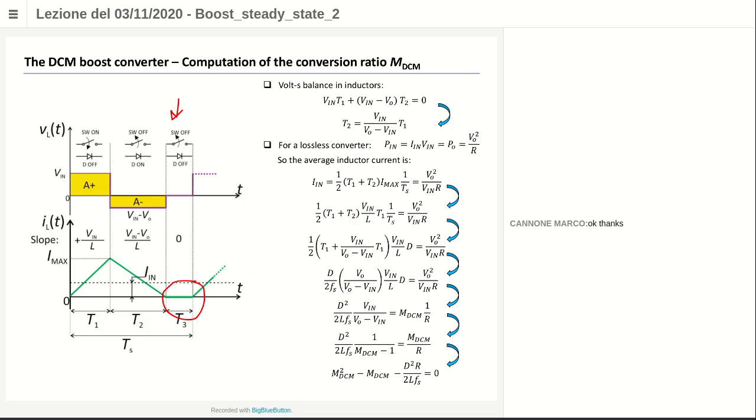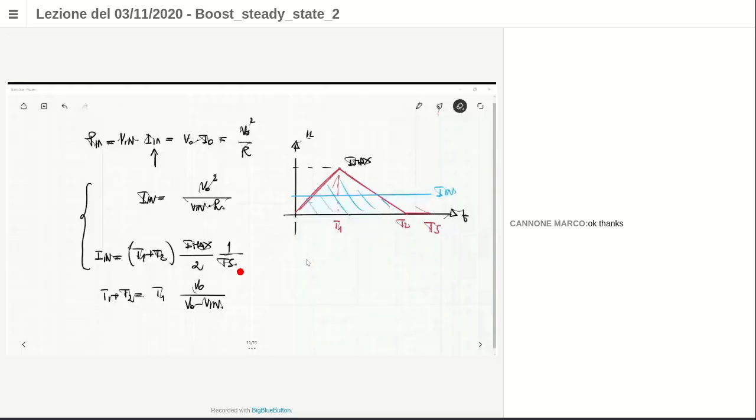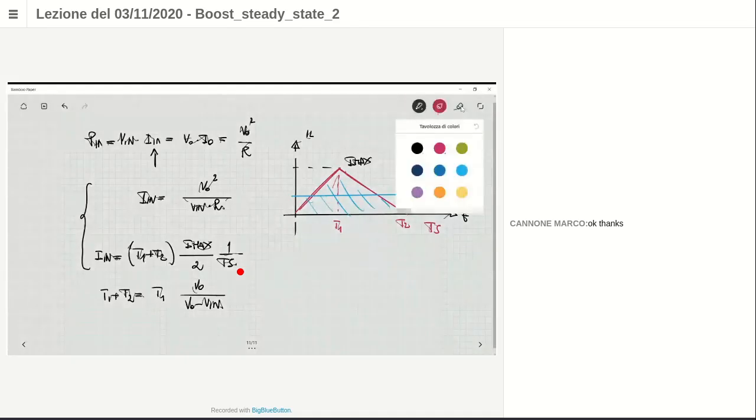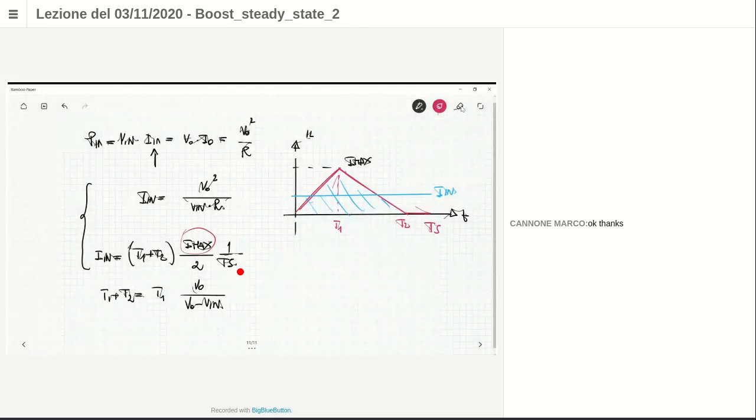Let me share the screen to continue the discussion about the conversion ratio. Okay, we get these three expressions. There is another expression that I need, which is I max. I max is the peak value of the inductor current.